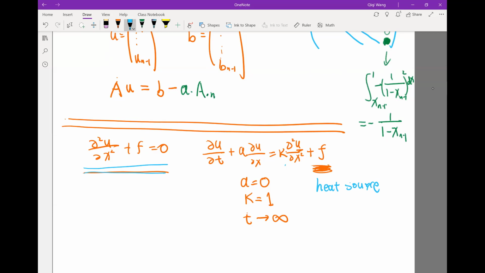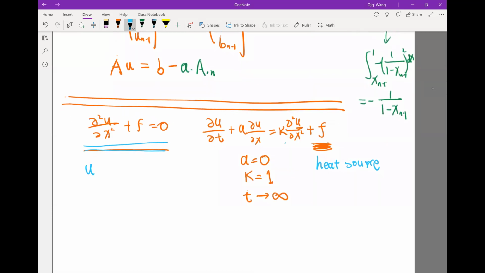And now let's get to the boundary conditions. If I set the value of u(0) equal to, let's say, T0, that essentially means I know the temperature on the left side of the piece.